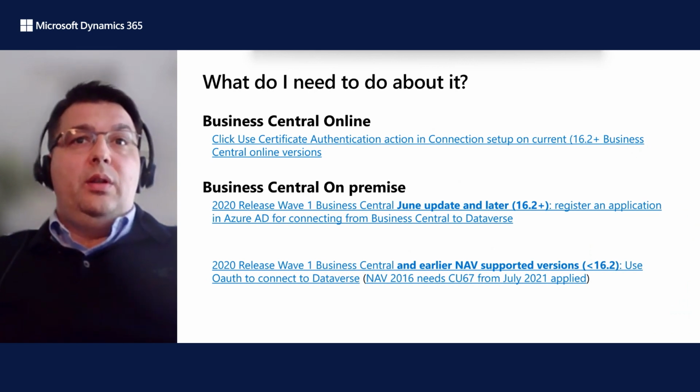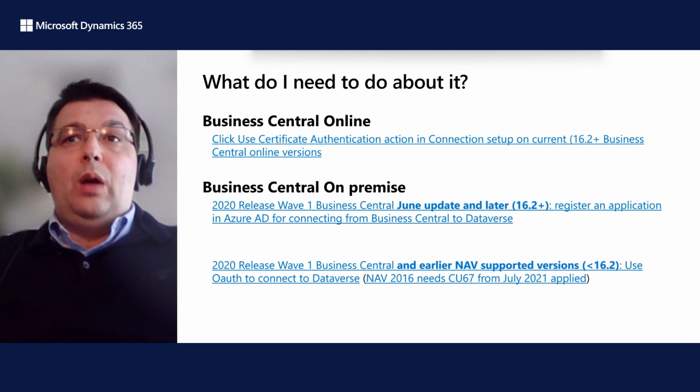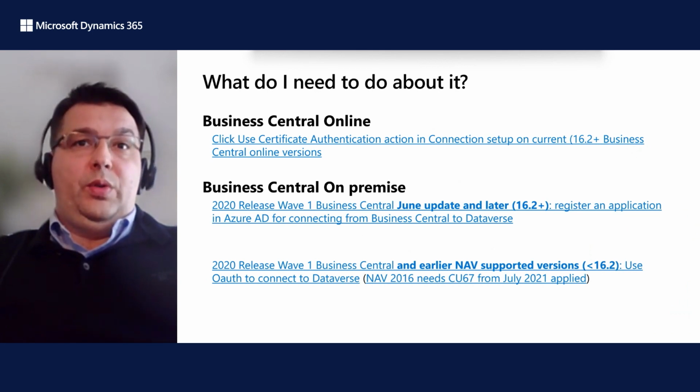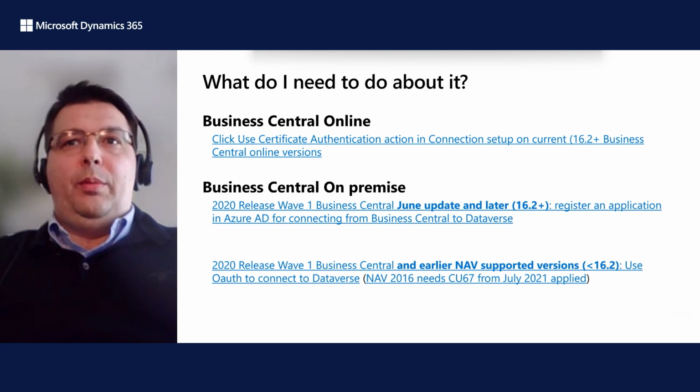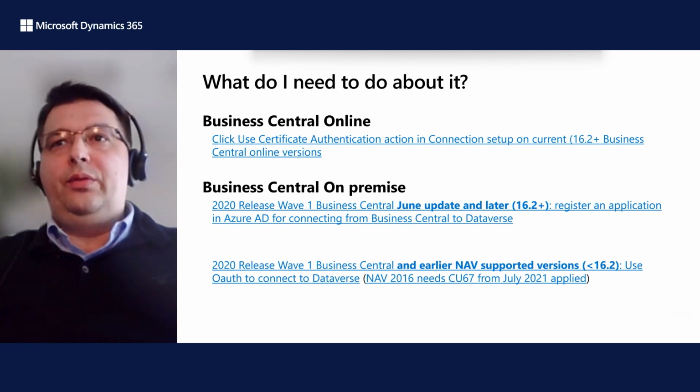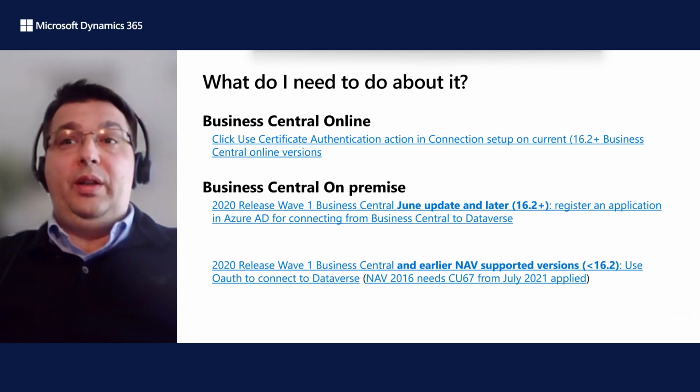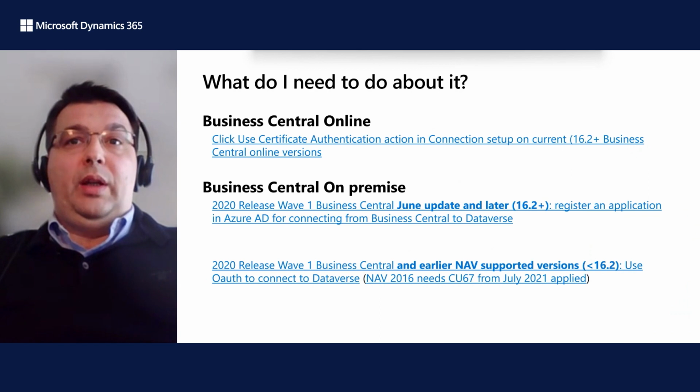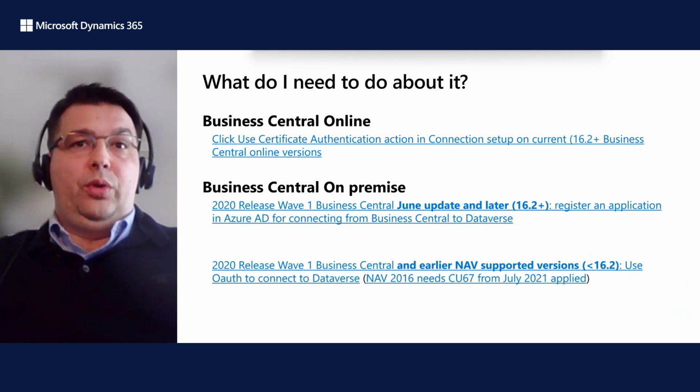In on-premises deployments, what you need to do depends on the version that you are using. For Business Central on-premises deployments that use versions 16.2 and above, that's 2020 release wave 1 June update, you'll need to register an application in Azure Active Directory and change the authentication type to OAuth 2 in your Dataverse and Dynamics 365 connection setup, and you'll be good to go.